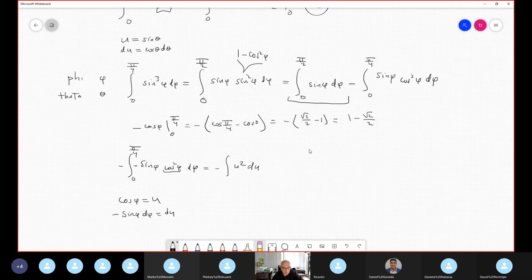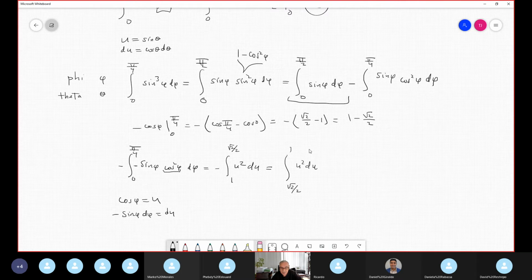And what about the limit? At 0, phi is 0 and u is 1. Pi over 4 gives radical 2 over 2. Because radical 2 over 2 is smaller than 1, and we have a minus outside the definite integral, we interchange the limits like that.